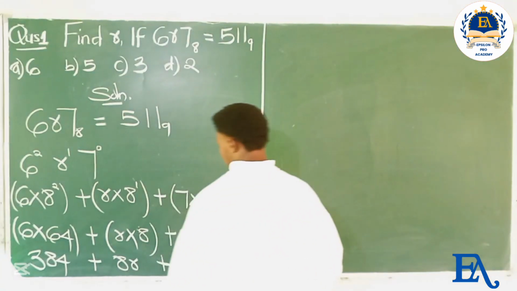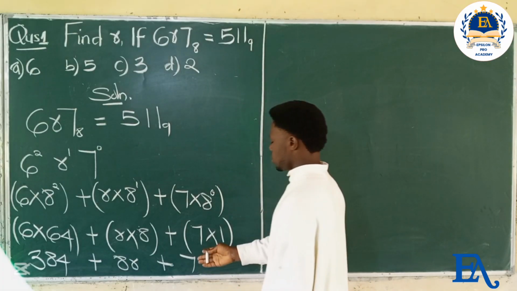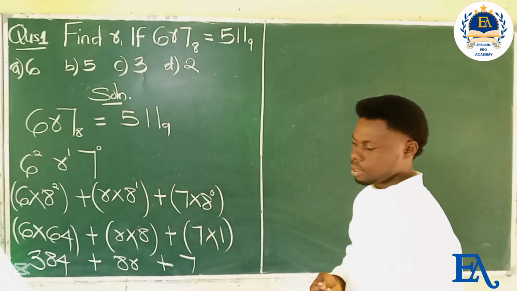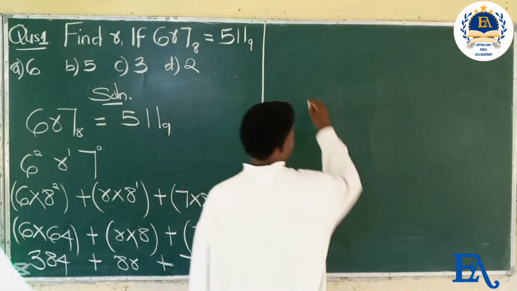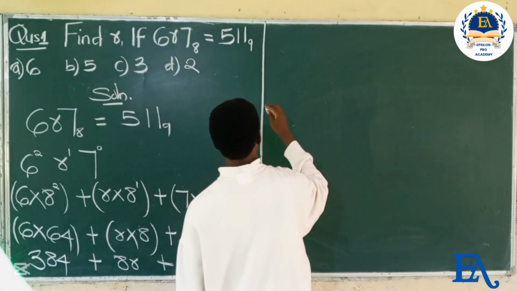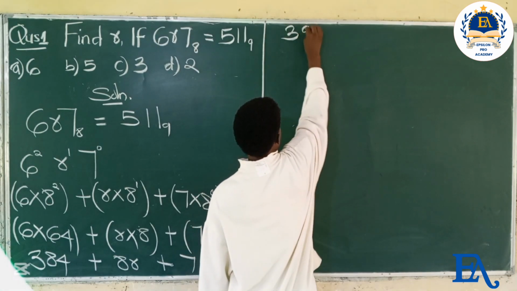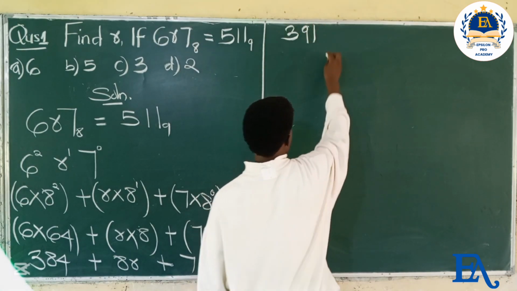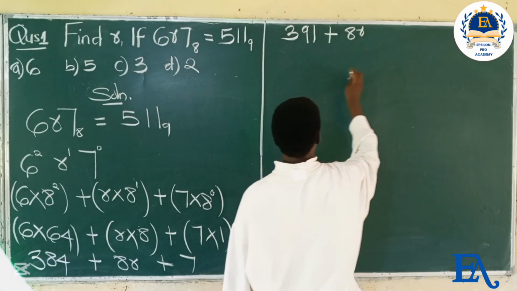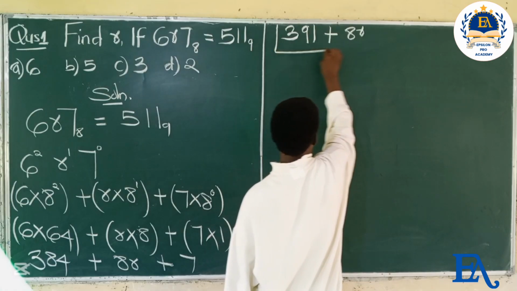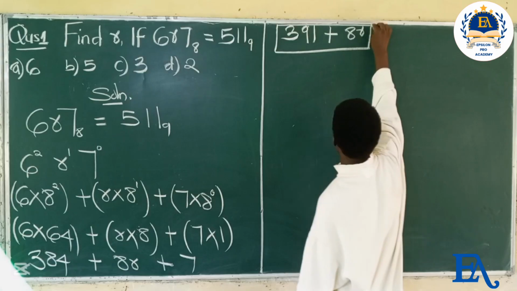Collecting like terms, 384 plus 7 gives 391, plus 8R. This is the result obtained from the left hand side.